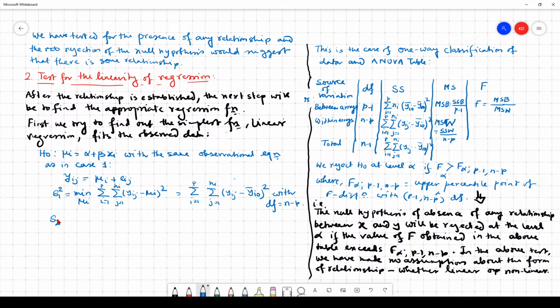Now S2 square is again the minimization of this sum of squares of Yij minus mu i. This minimization is based not only on mu i but also on H naught, that is mu i equal to alpha plus beta xi.